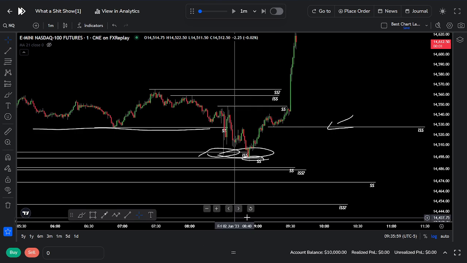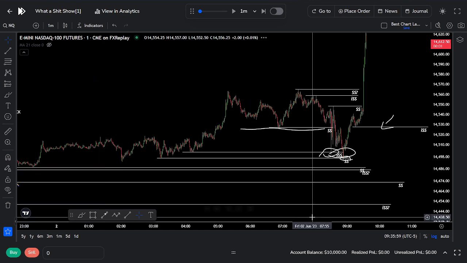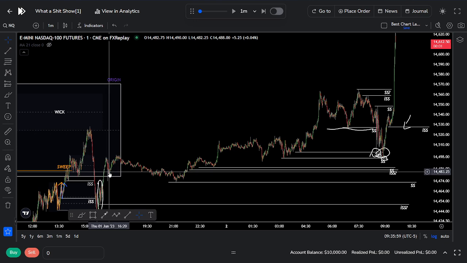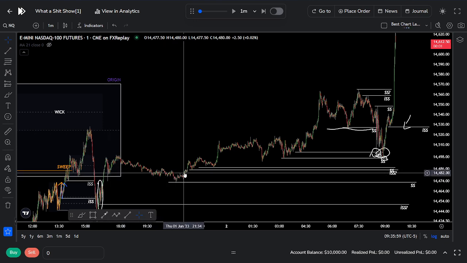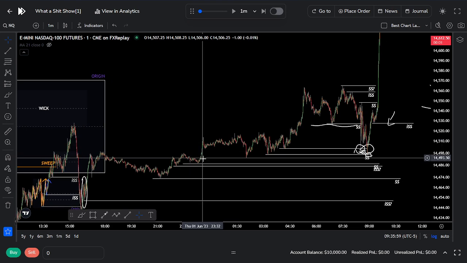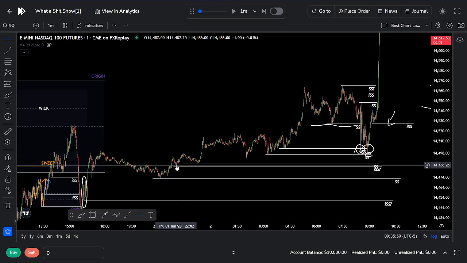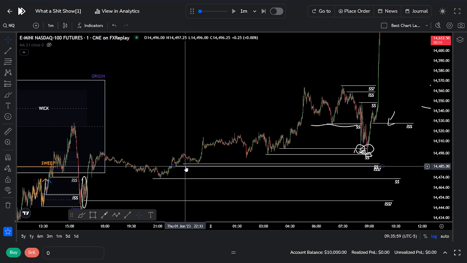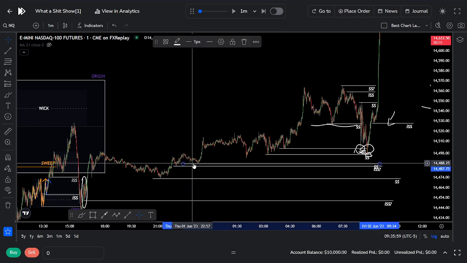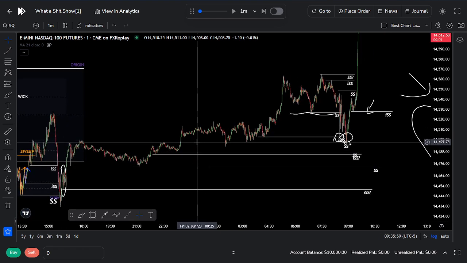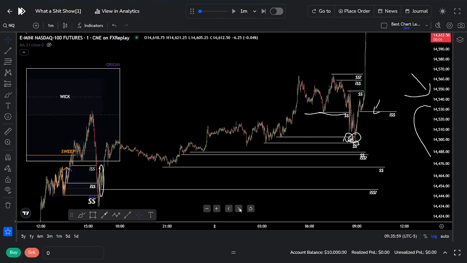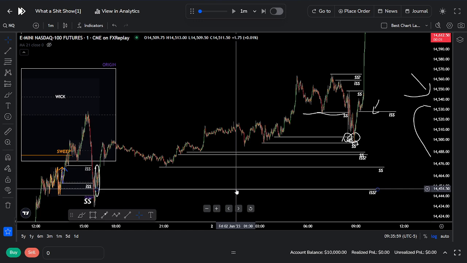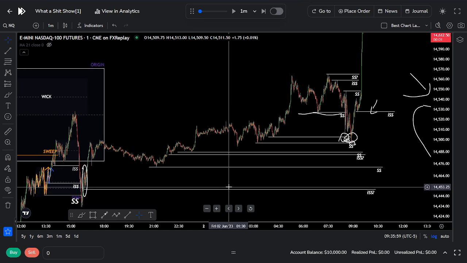So I think we can count these as SS levels. This SS level was formed from the wick, the tap here, over here, and we leave. This is of a smaller orientation. So maybe we could consider this from the seconds time frame and an ISS level. We don't use ISS levels as targets, just as POIs that price is attracted to, just as regular areas in which price is capable of generating a move.